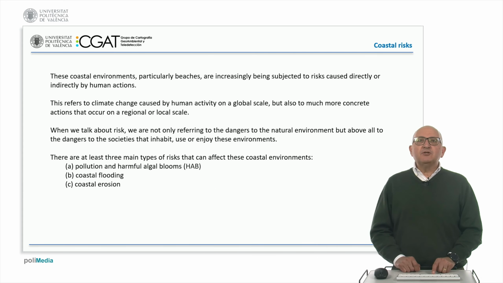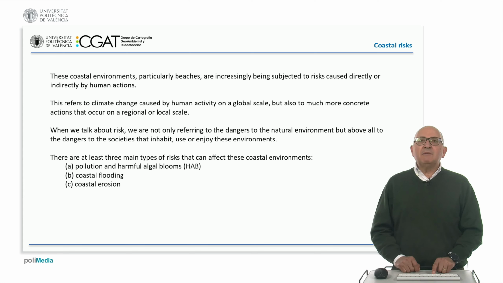These coastal environments, and particularly the beaches, are being progressively subjected to risks associated directly or indirectly with human action. We are referring, obviously, to climate change, which has a global impact on a planetary scale. But in addition to climate change, there are many other human actions acting at local or regional level which may also pose a risk.